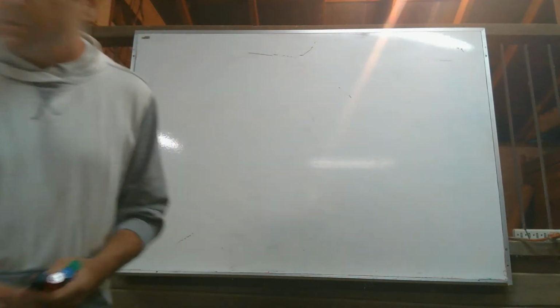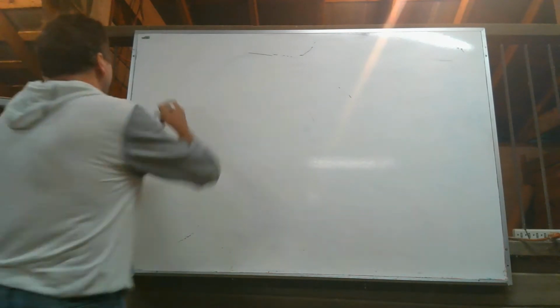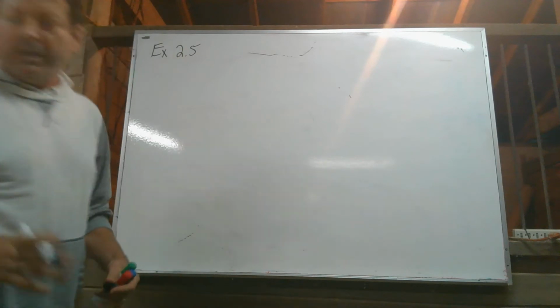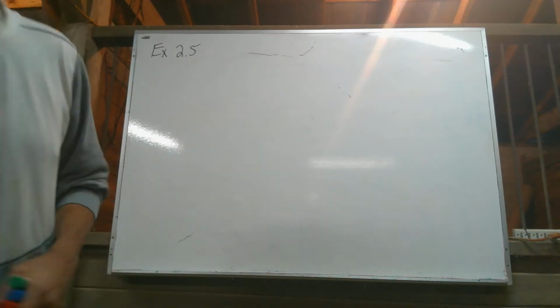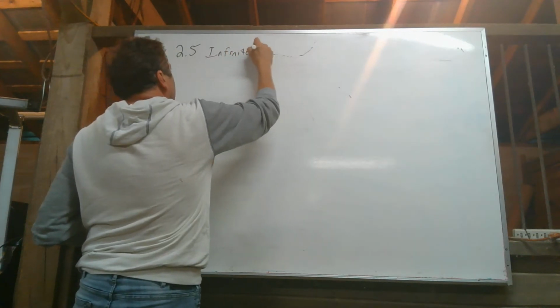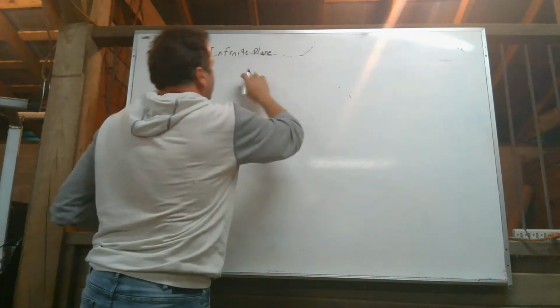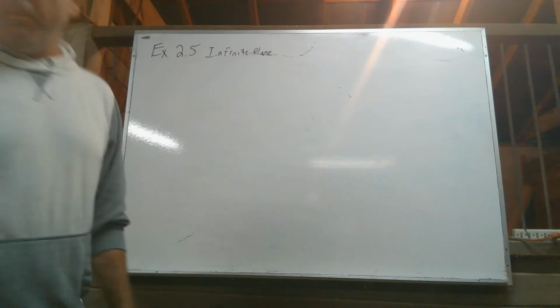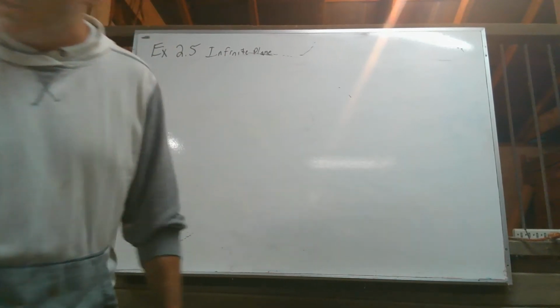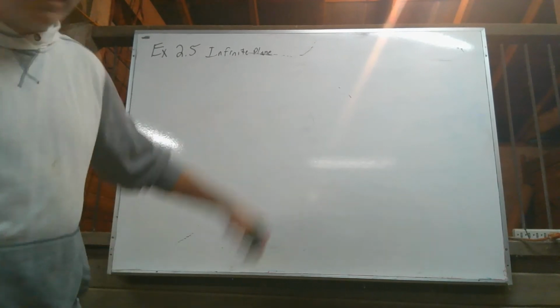so let's get going. Let's look at example 2.5. We're going to do Gauss's law for an infinite plane. I do have some marks in the board, but that's all right. That's the reason I got it. I think I got a surplus at Mitchell for like $5 because it had some scratches in it.